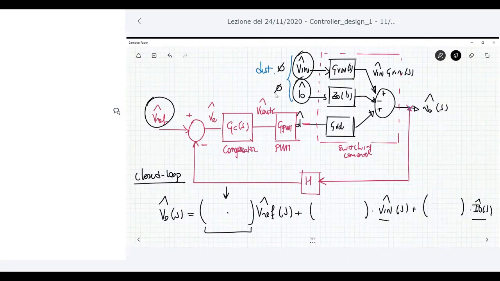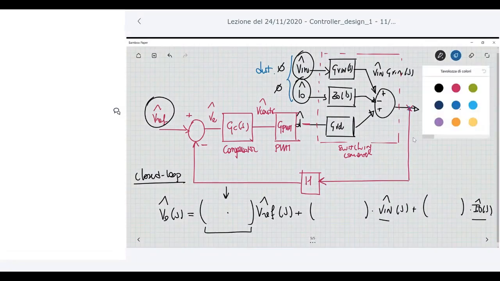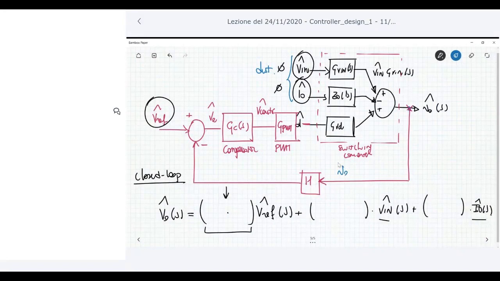If you take this kind of description, you can follow on the graph what happens here. You have Vo here, and then you have Vo multiplied by H after the sensor. This is the sensor. Then you have the error, and the error is Vref minus Vo H. Vcontrol is GC that multiplies Vref minus Vo.